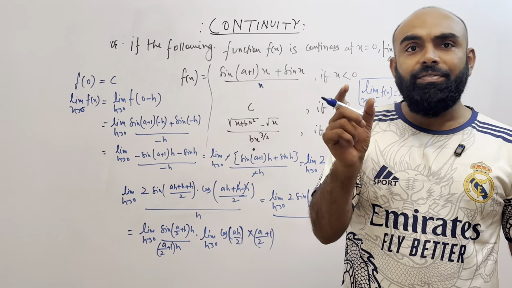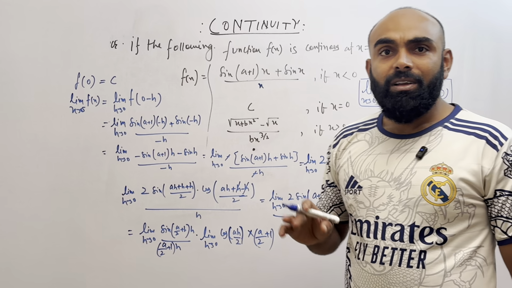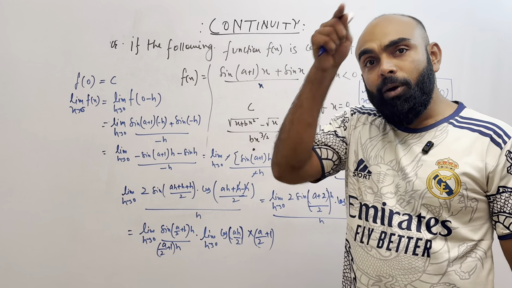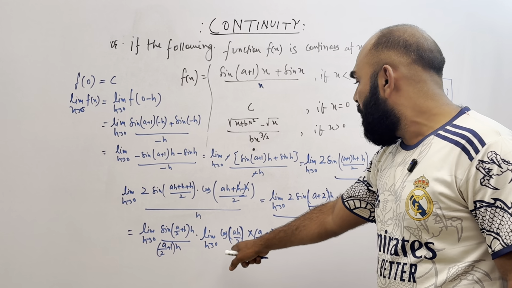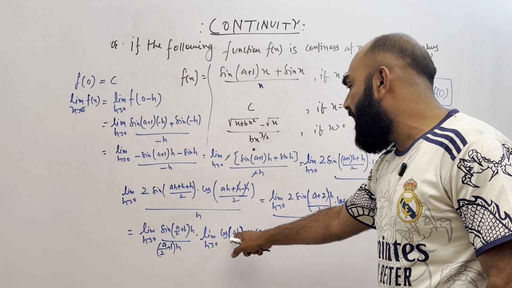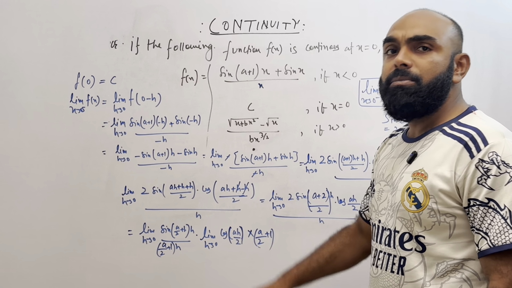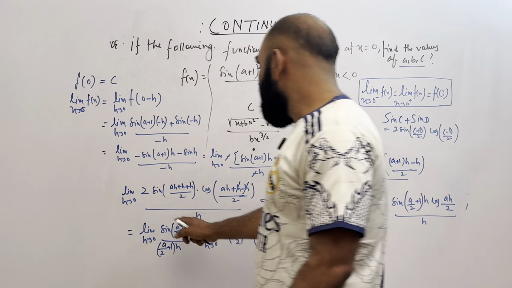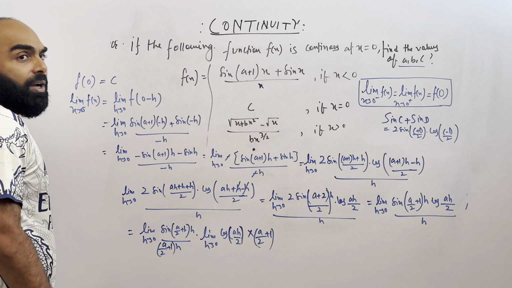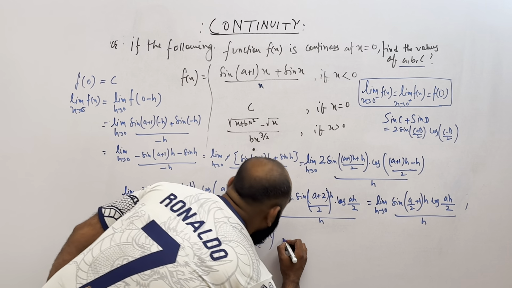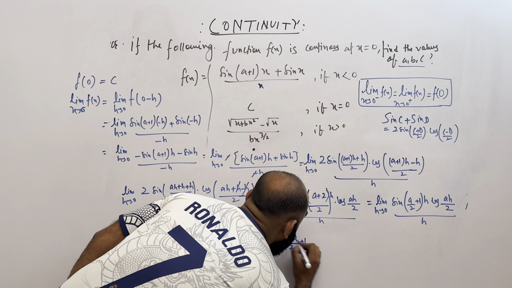How much formula you need, that much I have given you. For the rest, I will tell you at that time. For cos, keep the value directly: h is 0, cos of a into 0 by 2 becomes cos 0, which is 1. So 1 into a by 2 plus 1, which is a by 2 plus 1 only.